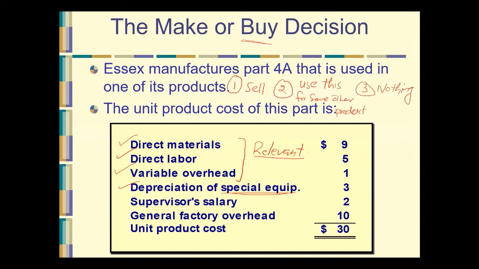So in that case, because you are not getting money by selling it, you are not able to use it in any other product, so you are not getting anything. So if you are not getting anything, then this becomes irrelevant. This becomes your sunk cost.